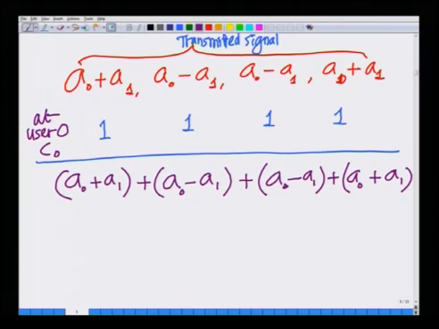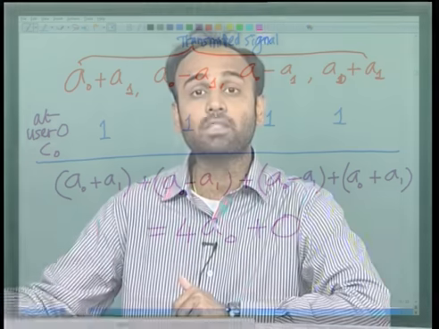Now, when I add all of these, you can clearly see I get A0 + A0 + A0 + A0, which is 4 A0, plus A1 - A1, which is 0, - A1 + A1, which is 0. So, the interference corresponding to the symbol A1 is zero.